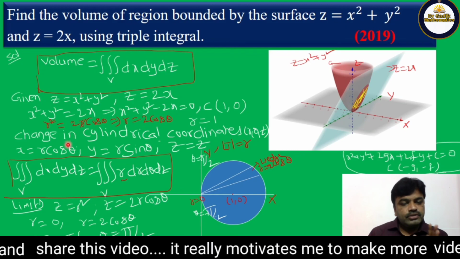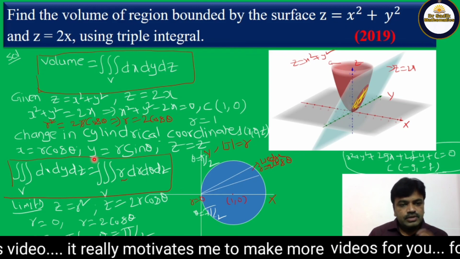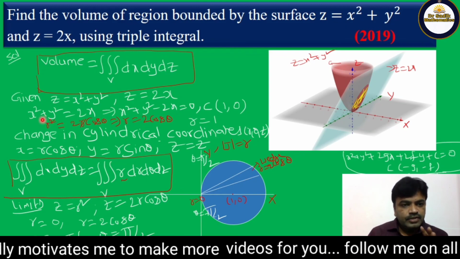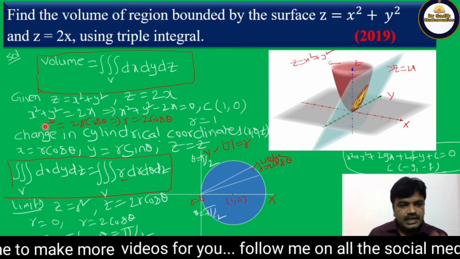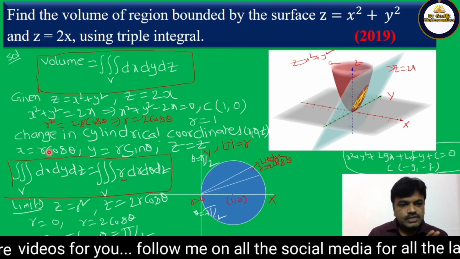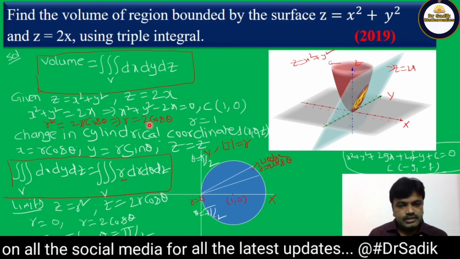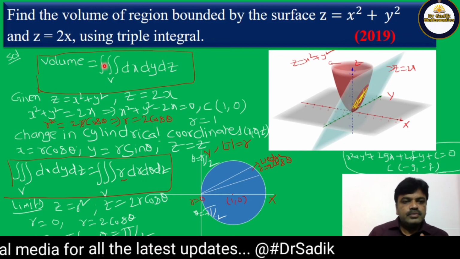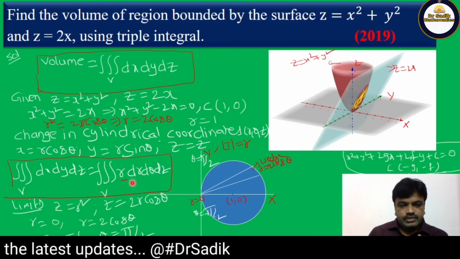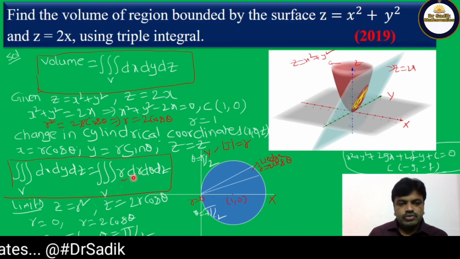Now I convert into cylindrical coordinates. So x is equal to r cos theta, y is equal to r sin theta. If I observe, x square plus y square can be written as r square, and x is r cos theta, so r is equal to cos theta in cylindrical coordinates. By change of variables, I can write the triple integral over v of r dr d theta dz.